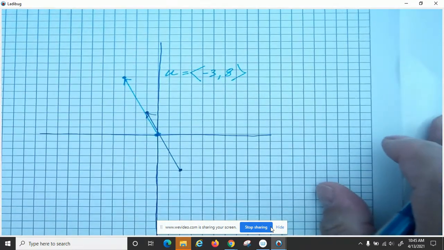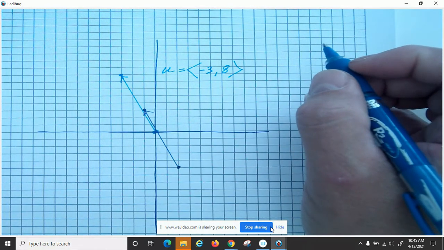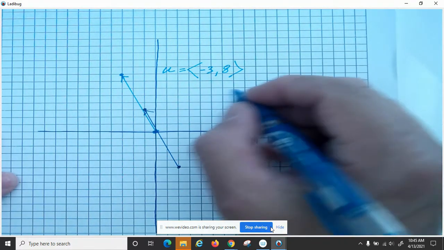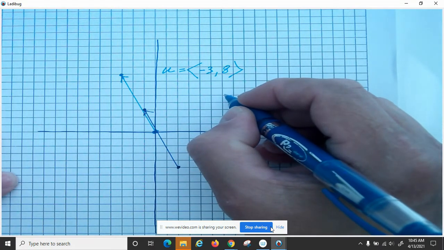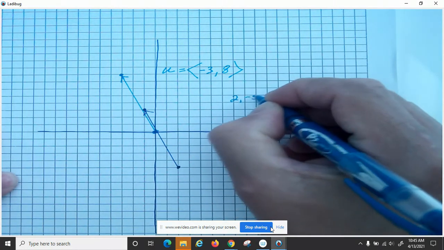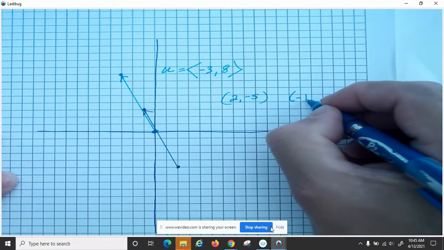Okay, now mathematically, I can take the initial point of, let's say, the initial point, well, what was it, (2, -5). And the terminal point was (-1, 3).